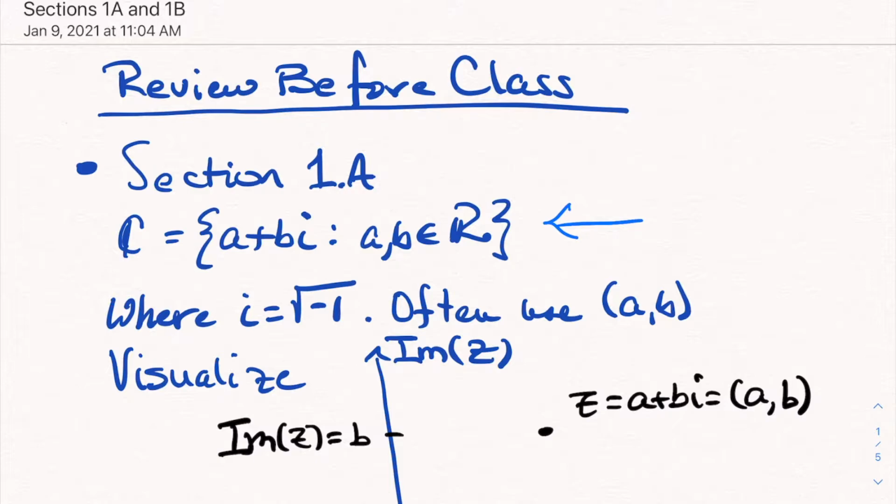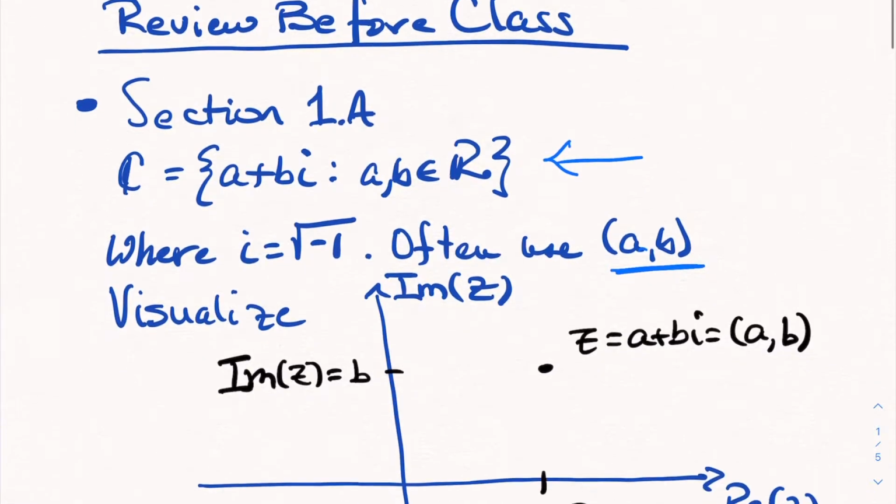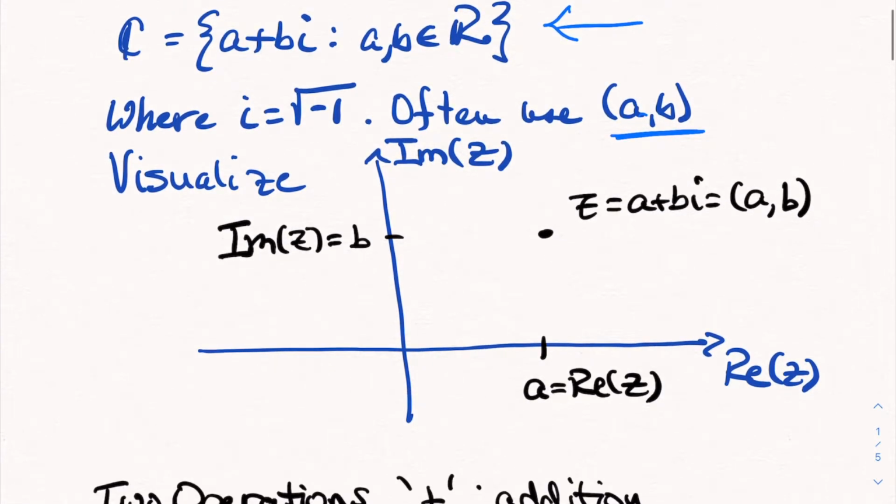Often we're going to use this notation to discuss or label complex numbers. And the way we visualize that, just to point this out, is that we think about a complex number in much the same way that we think about a Cartesian coordinate system. So we think of associating to the complex number z, let's call it, a + bi, where a and b are real numbers.